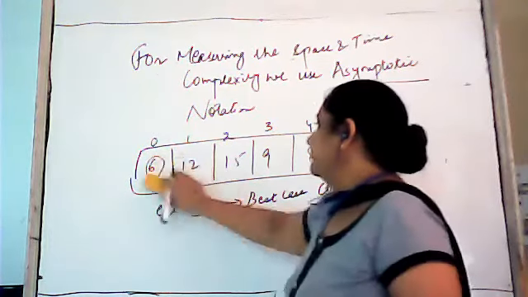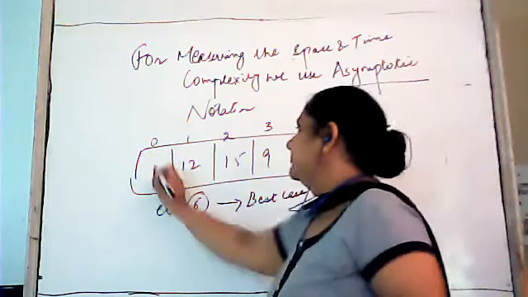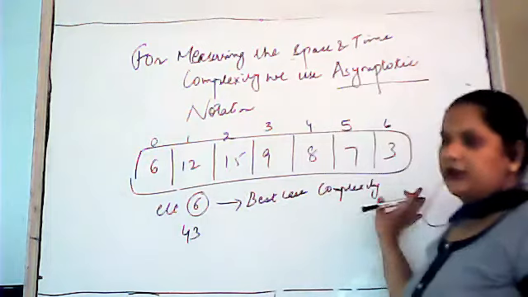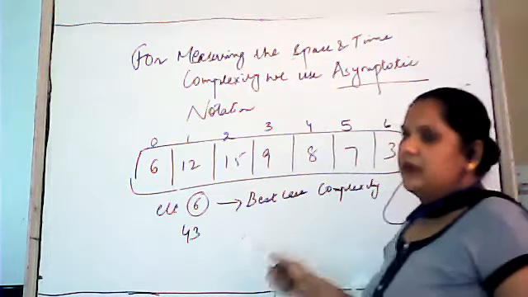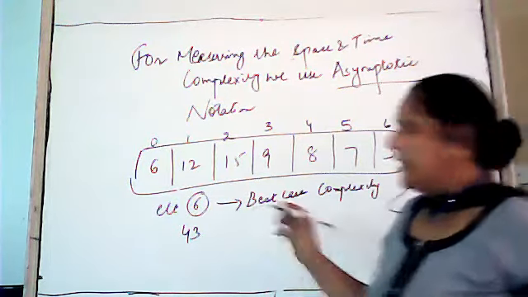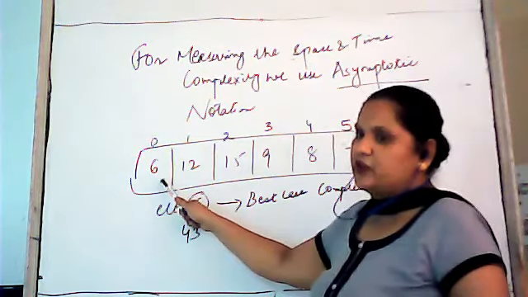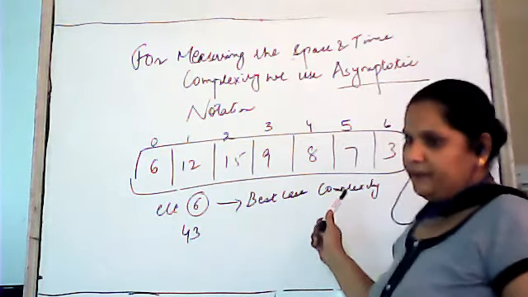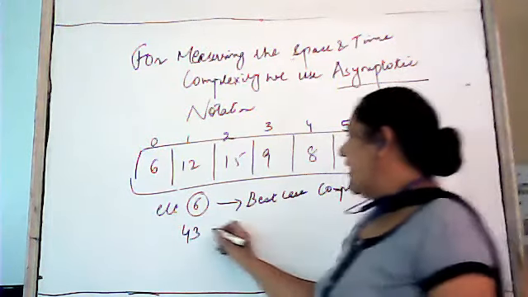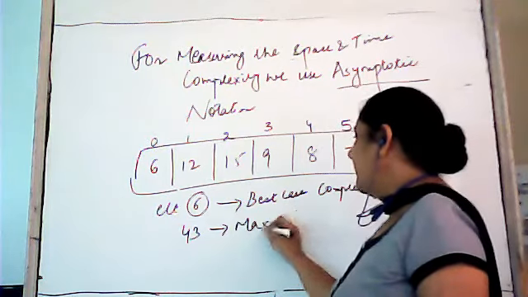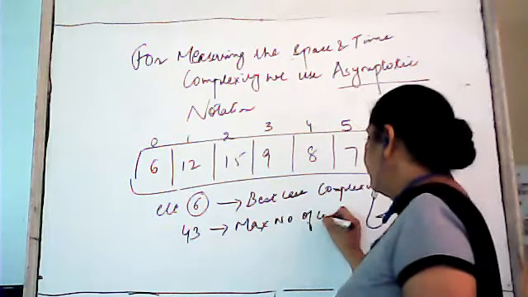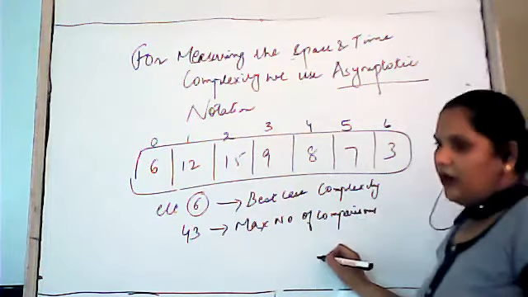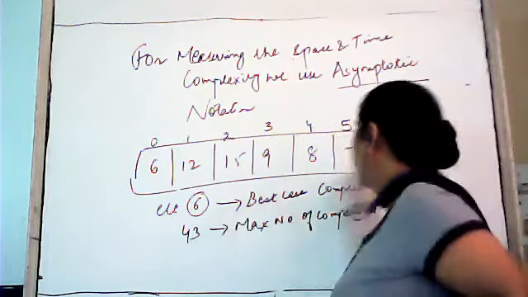Suppose I'm looking for element 43 and it is not in the entire list. Since it is not in the entire list, I don't know, but I have to make the comparison. I have to start from location number 0 till location number 6 to find whether 43 exists. It is not there. That means we have made the maximum number of comparisons, or either my element is at the last location.